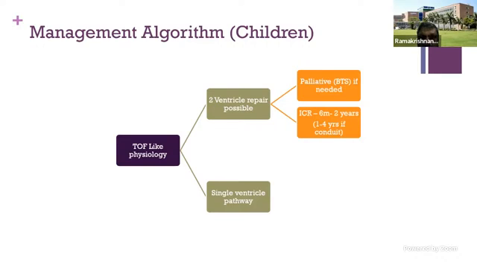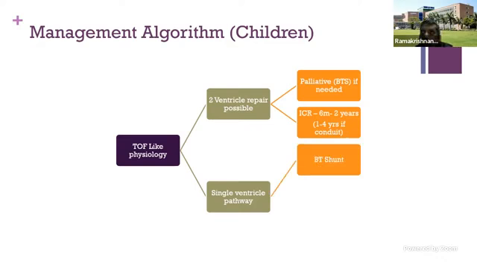We cannot route it to the LV. The TGA VSD PS, where the aorta cannot be routed to the LV. So mitral atresia. These are some of the conditions, like HLHS if it is after the Norwood repair. So these are the ones that go for classical single ventricle pathways.